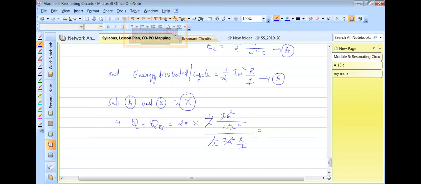Now you have this omega squared. Let R be there in the denominator itself.